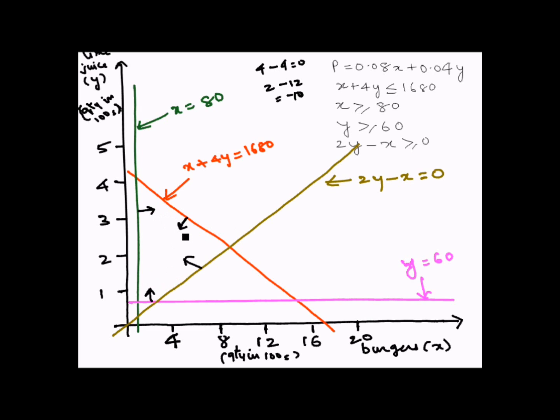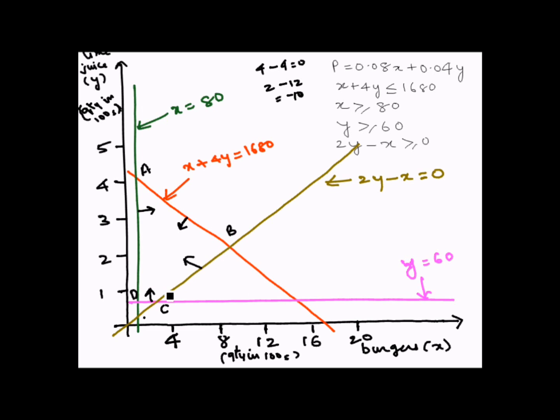So with these 4 lines, this area here, which is A, B, C, and D, this area is the feasible solution region. Note that here this becomes a little tricky.